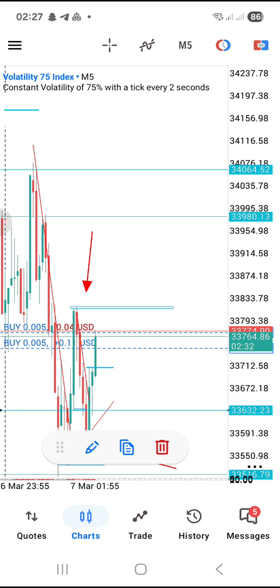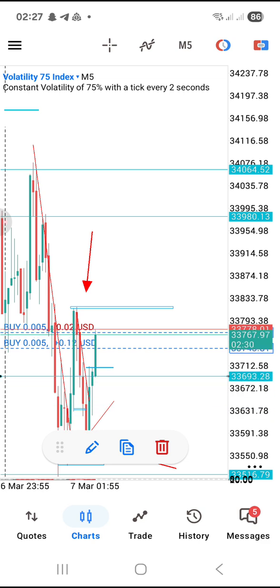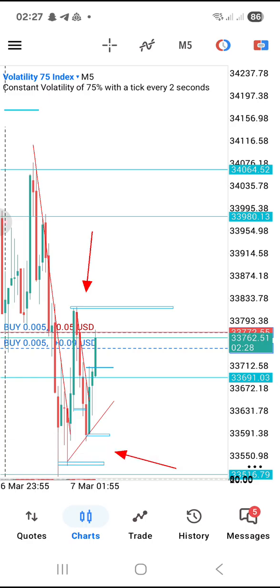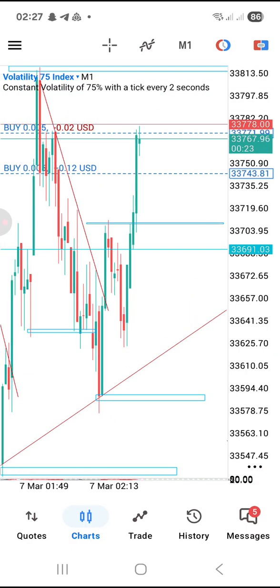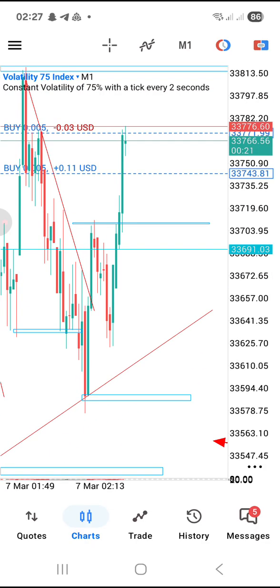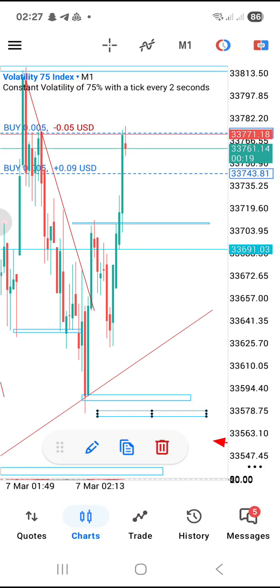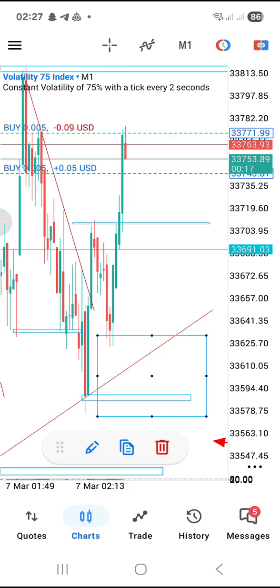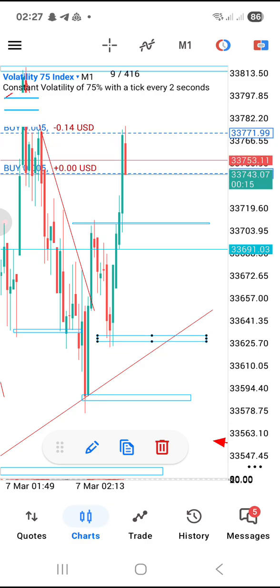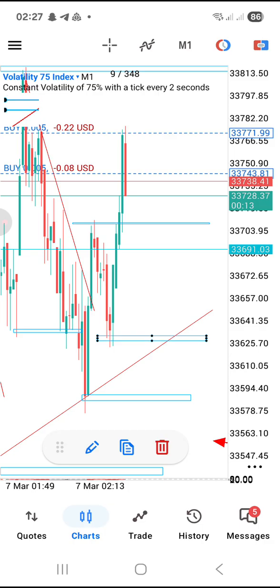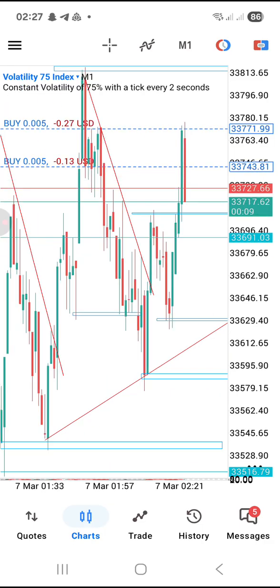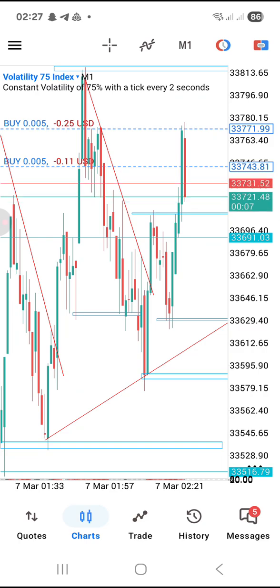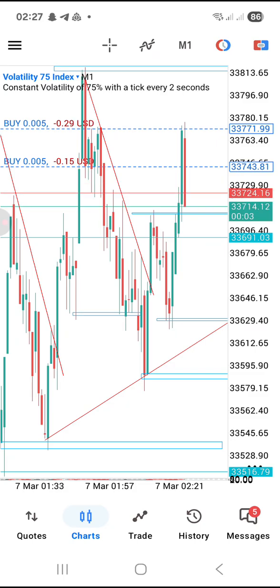There's a progression upward. This is the current candle. Okay, so we have a new low here. That's a major rejection there. 1 minute.